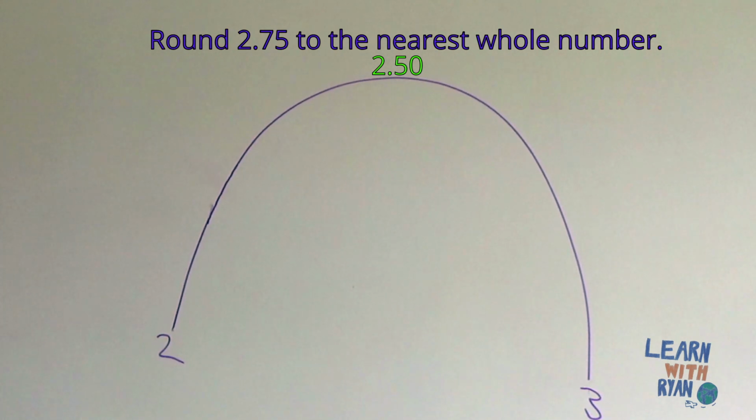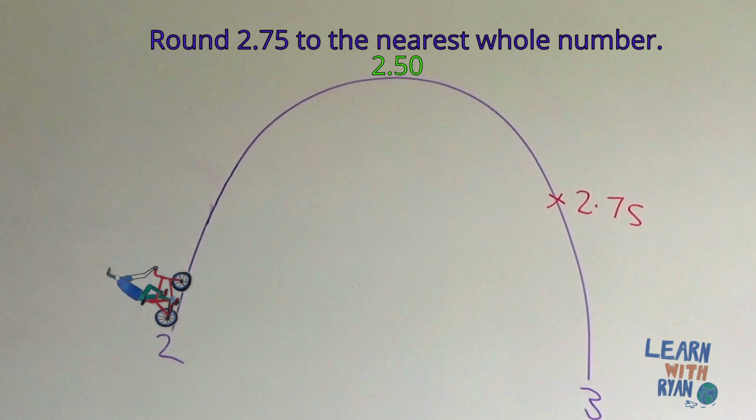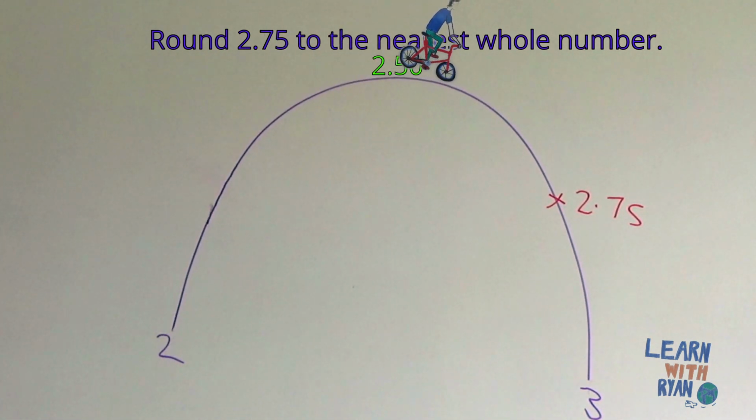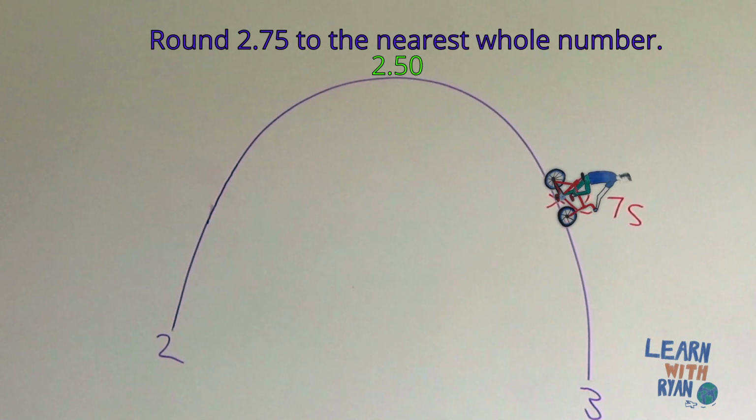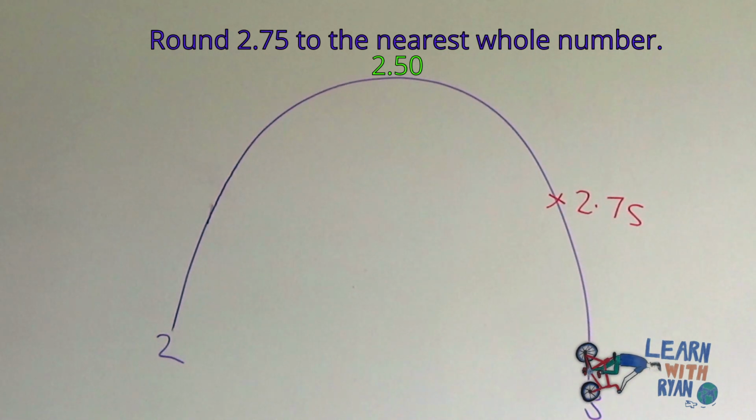So 2.75 is going to go here, somewhere between 2.5 and 3. Now again, imagine you're riding your bicycle and you end up at 2.75. You stop pedaling, where are you going to end up? Well, you're going to roll down the hill to 3, aren't you? So 2.75 to the nearest whole number is 3.